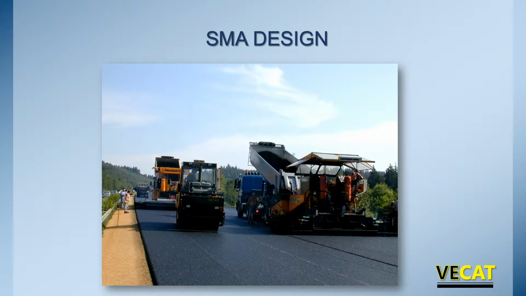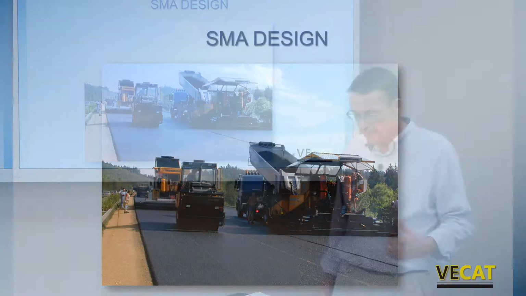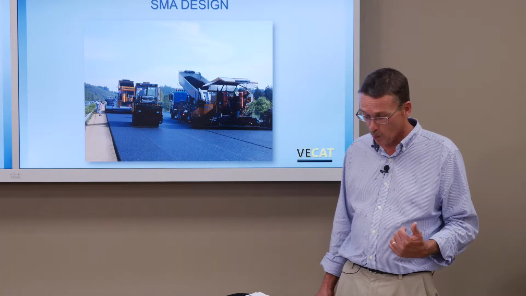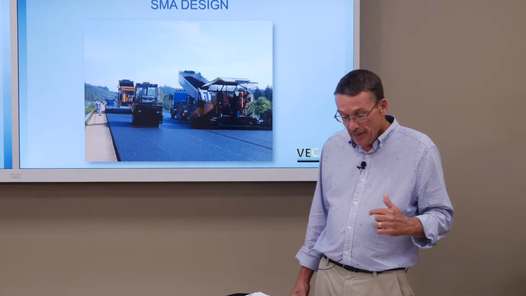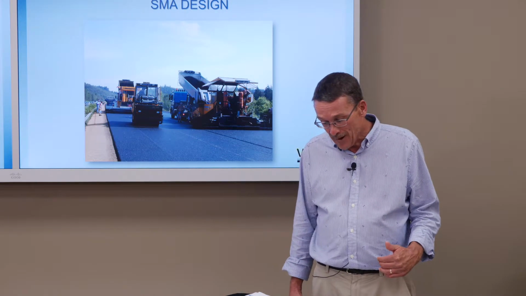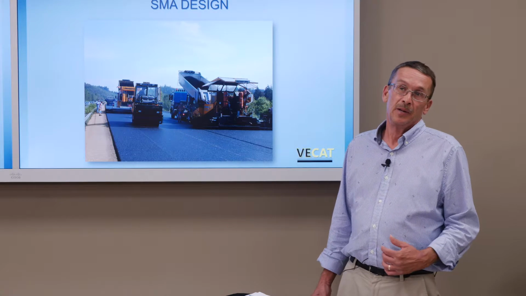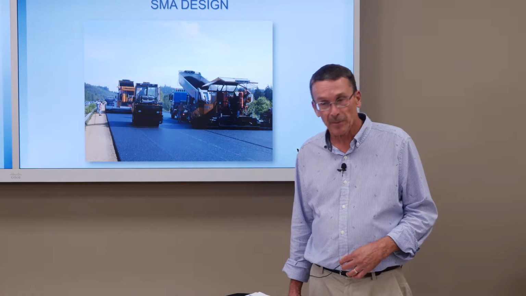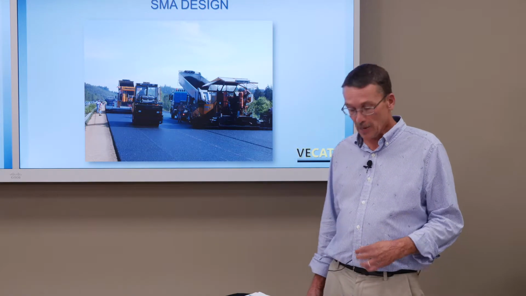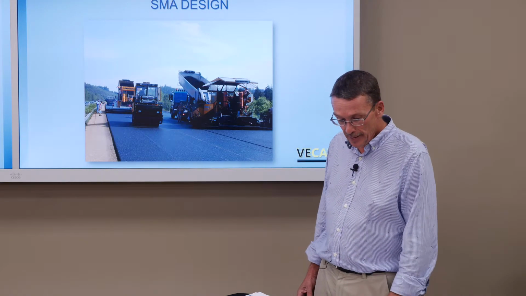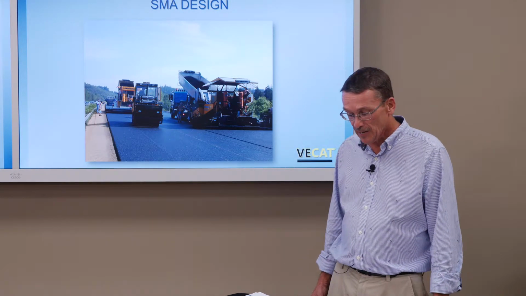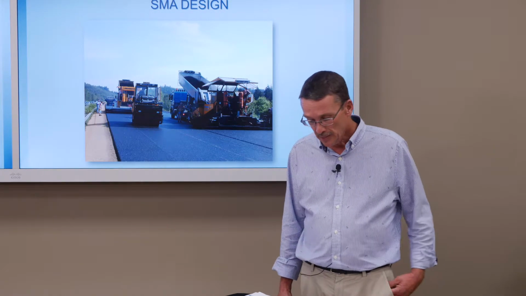And that'll kind of coincide with the next description of this SMA mix, typically having 75 to 80% coarse aggregate, has a high binder content, 9.5 and 12.5 millimeter mixes on SMA have a minimum asphalt content of 6.3%, and it also has a high filler content, typically 10%.